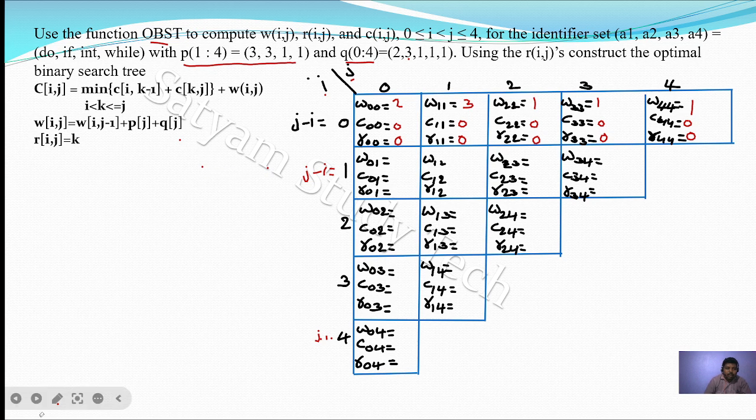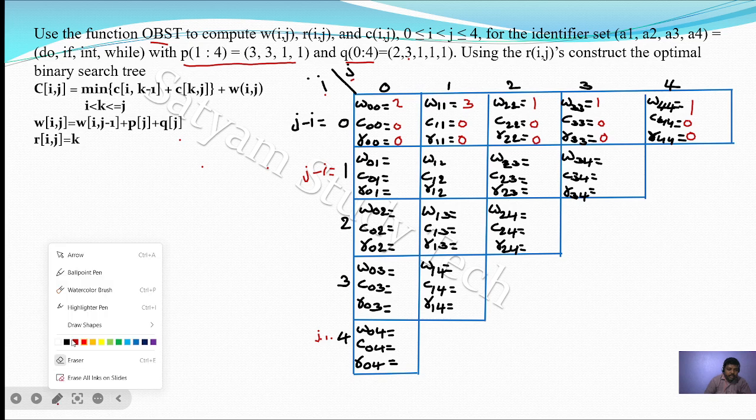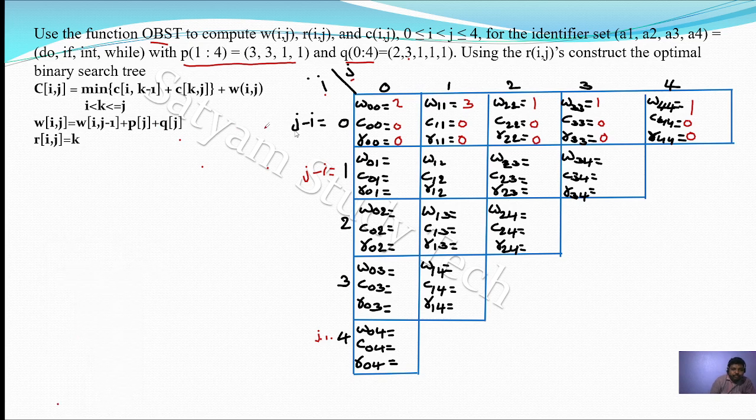So w of 0 1, now we can calculate it. This is the formula: w of 0 1 is equal to w of i comma j minus 1, that is w of 0 0, where 1 minus 1 is 0, plus p of j, that is p of 1, plus q of 1. What is w of 0 0?